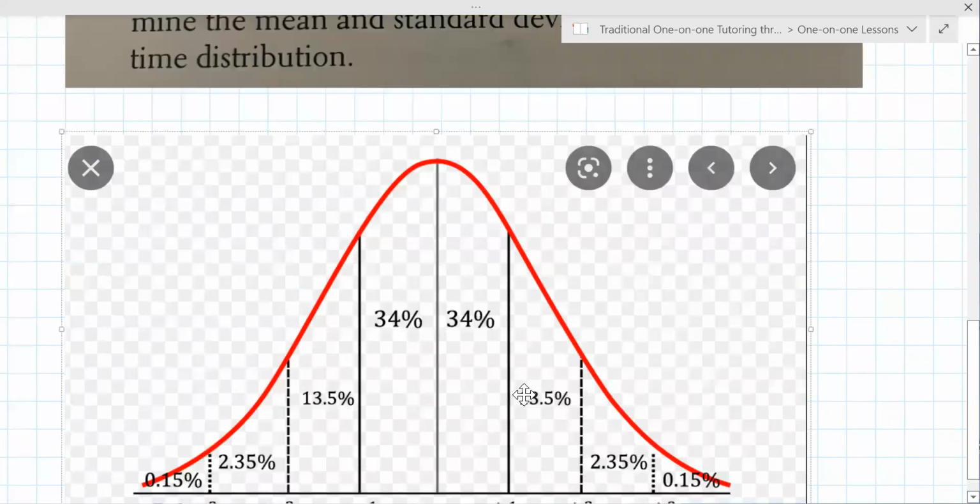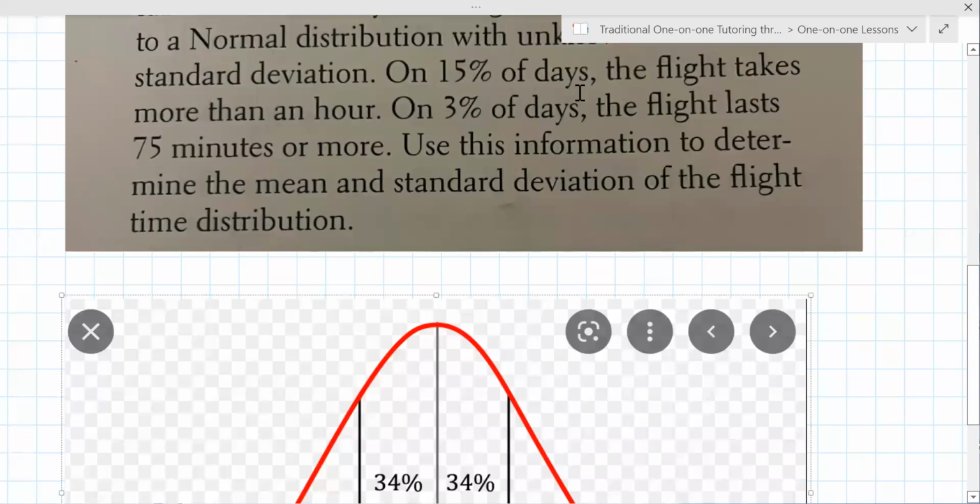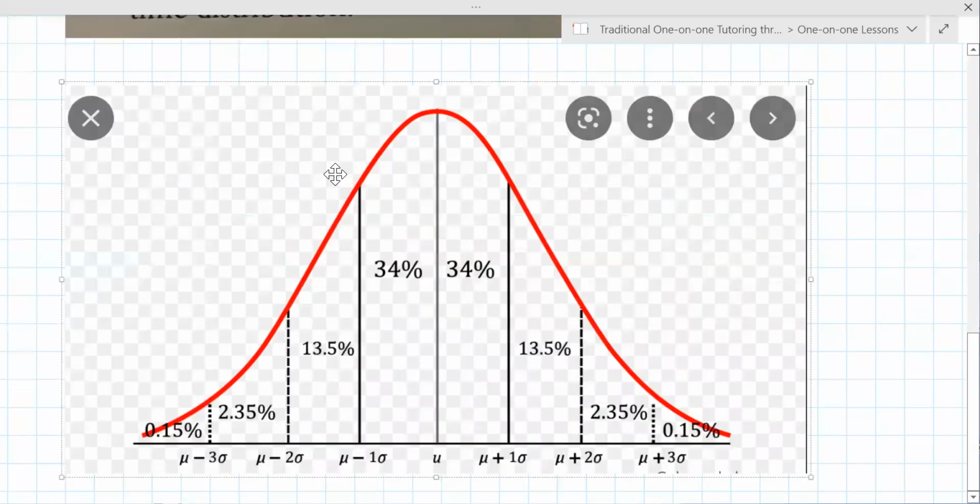What they're trying to tell you in this problem, and this is kind of an awkward problem to start with because it's not even a standard problem, is that 15% of the flights take more than an hour. So you're trying to figure out where about 15% is in the curve.